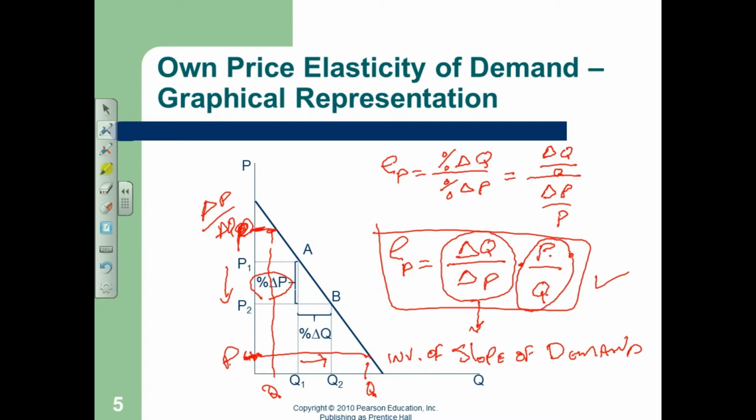Okay? So the elasticity has to do with the slope of the demand curve and also where you are on the demand curve. If you're on the upper part of the demand curve, then P over Q would be larger, therefore elasticity would be larger. If you're at the bottom of the demand curve, the P over Q would be smaller, therefore the elasticity would be smaller, given the same slope in both cases.